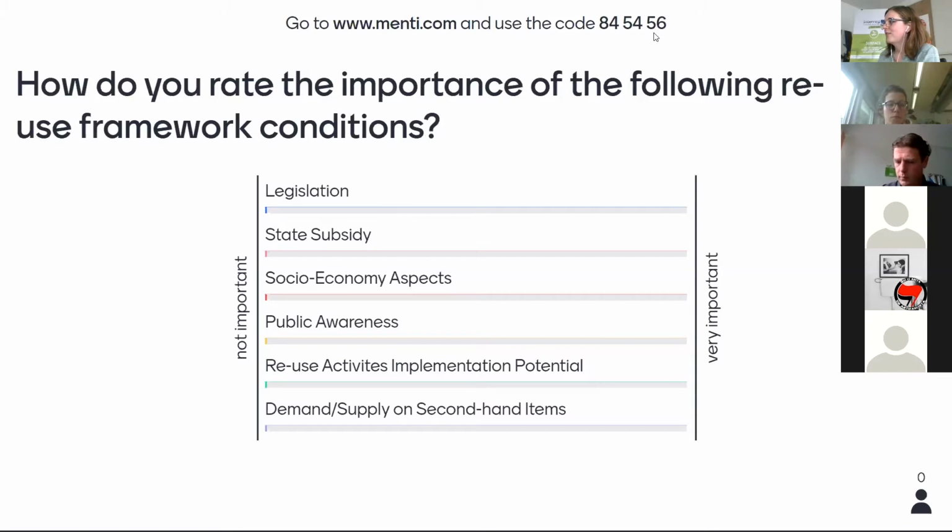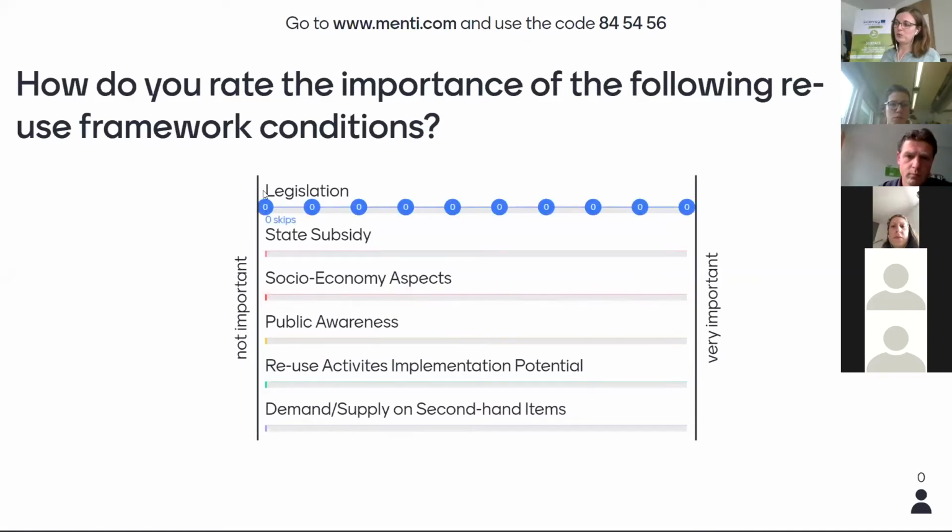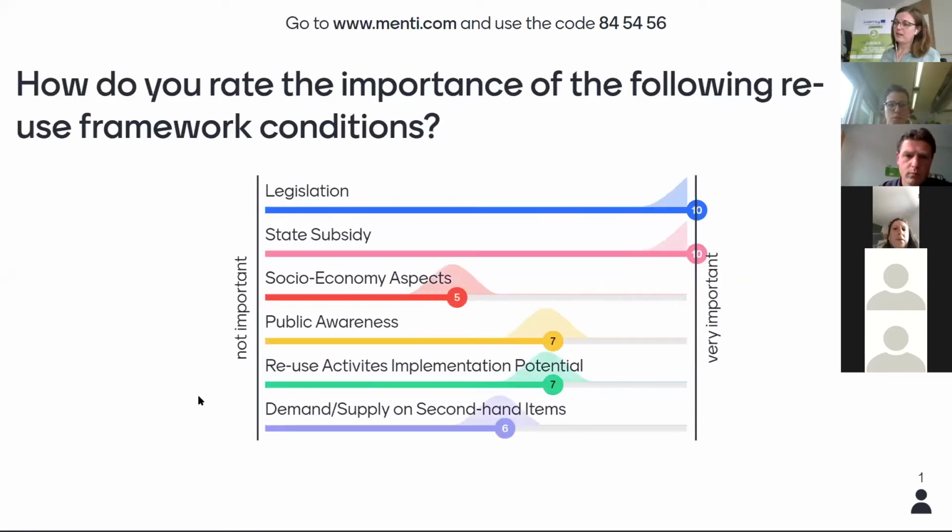Then a screen opens and you can rate these framework conditions according to their importance, reflecting your region and your country. You can rate with the numbers 1 to 10. 1 means you don't see it as an important factor, and 10 means it's very important.